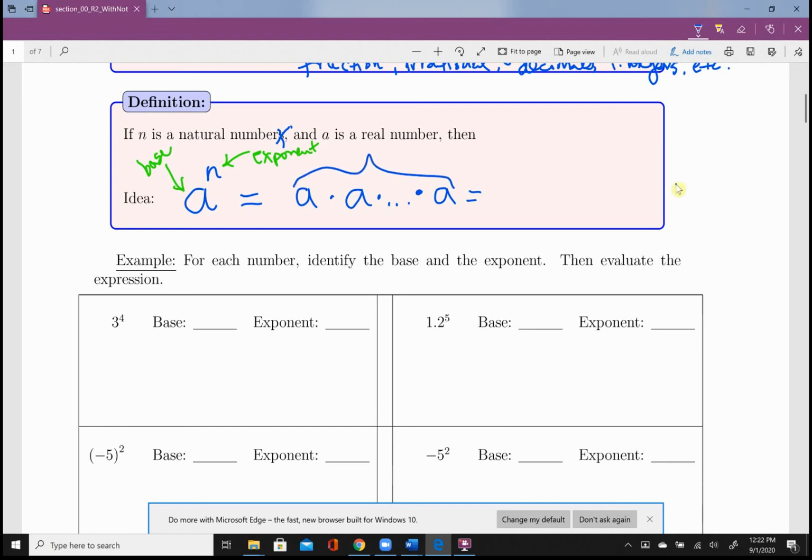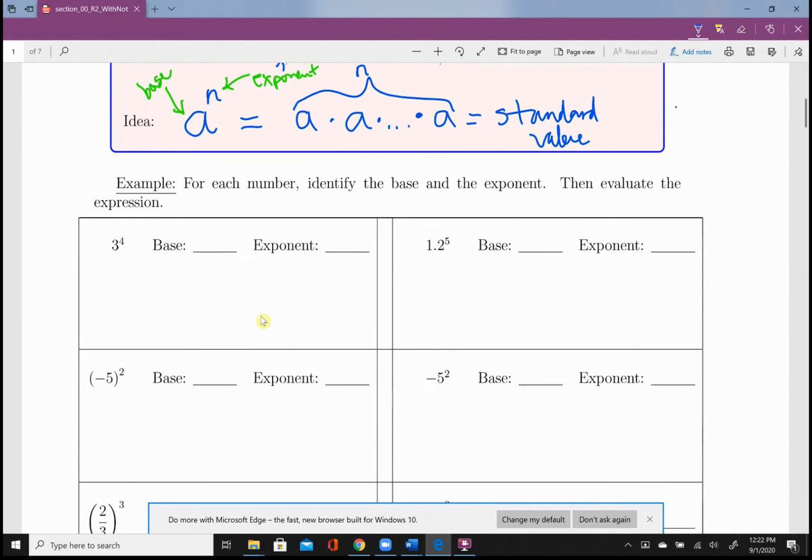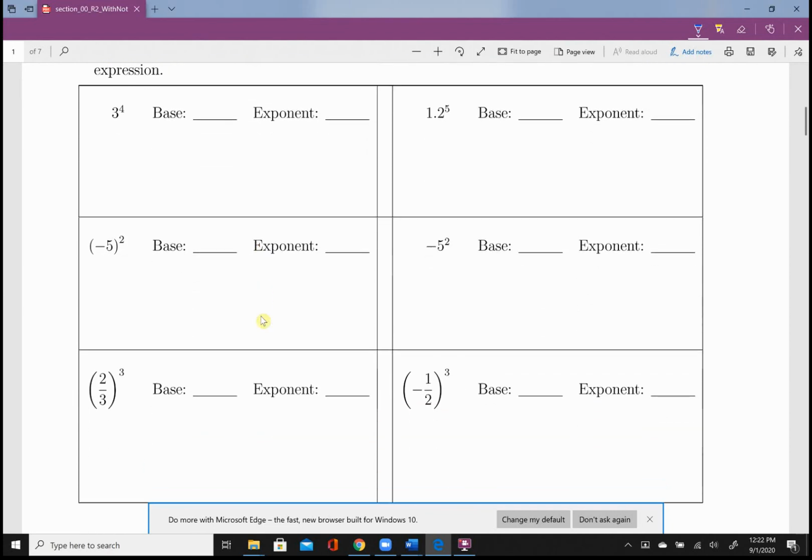And depending on the values of a and n, that'll give us an actual standard form, or standard value that I'll put over here. Great. It can be evaluated is basically the idea here. So for the next example, we're just going to identify the base and the exponent and then evaluate the expression.